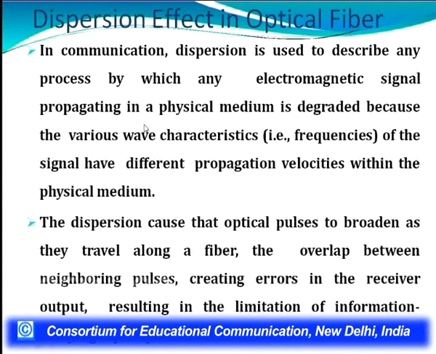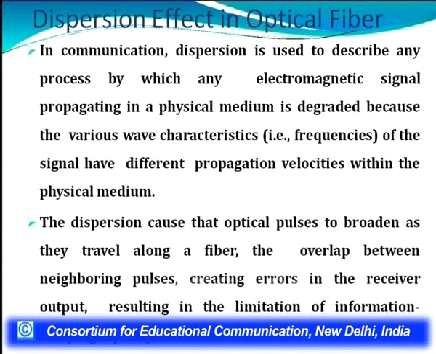It means that the electromagnetic signal passing through the physical medium may be degraded because of the wave characteristics, in which frequency is one of them, and it will propagate differently in the optical fiber. Dispersion causes optical pulses to broaden as they travel along a fiber.